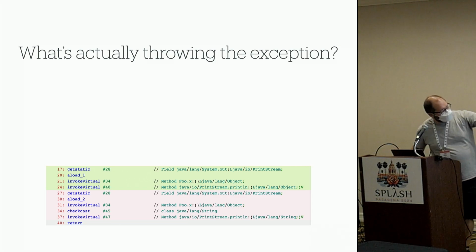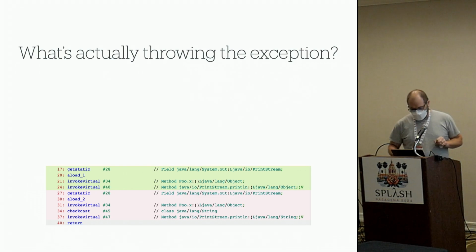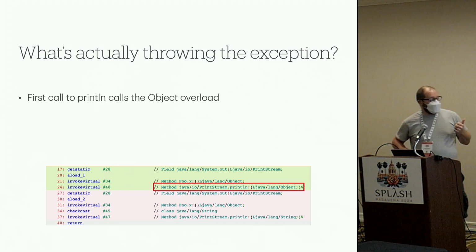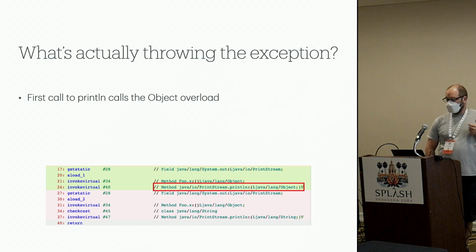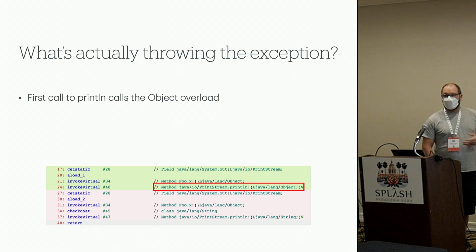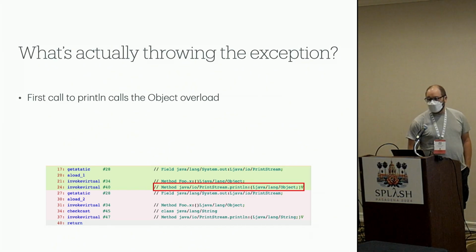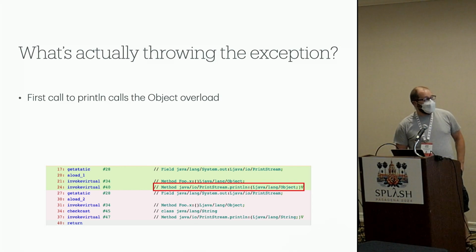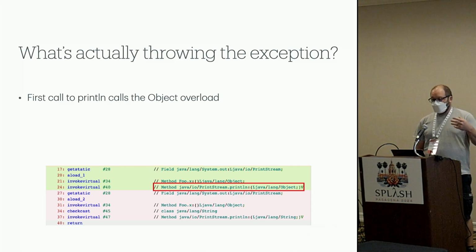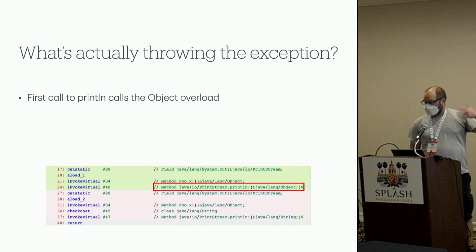And you'll notice that the second one's a little bit longer, and it's not just because the return is down there at the bottom. The first call is going to call the object overload of println. There's a bunch of different overloads for print stream's output methods. There's one that just takes an object, calls object.toString, and prints that. When we do this with an integer, that's what gets called.